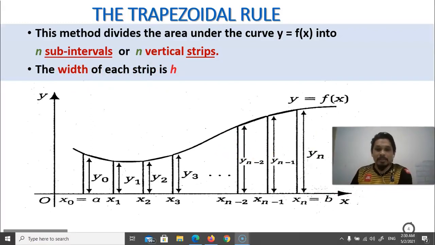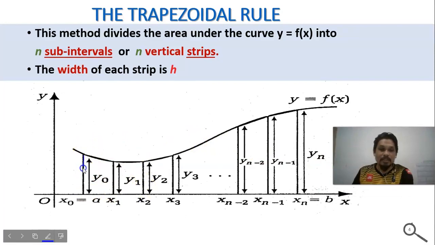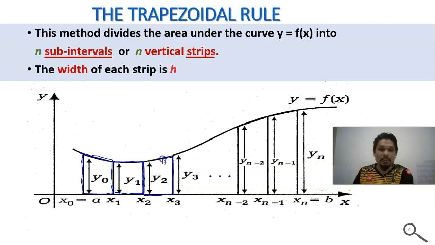From the previous graph, we divide it into a few strips. The first strip, the second strip, the third, and so on, until the strips n minus 2 and n minus 1, and the last.